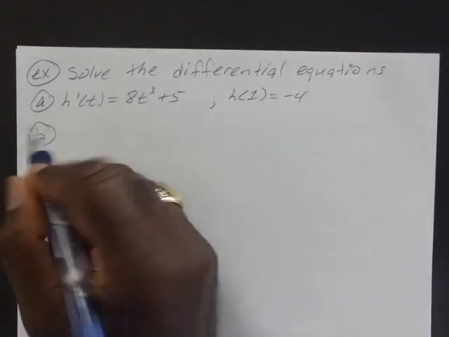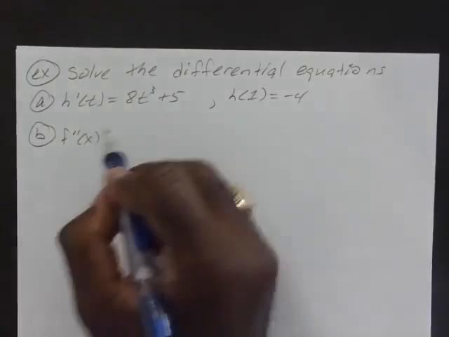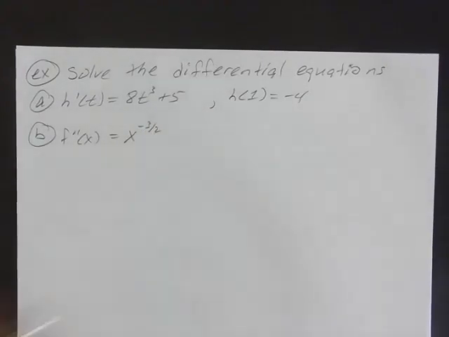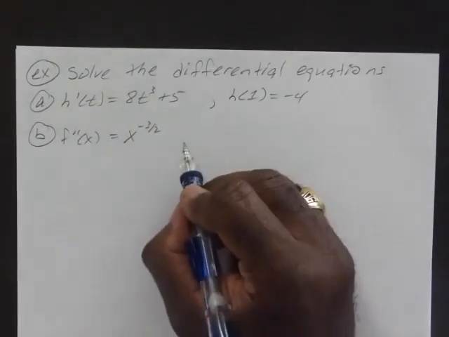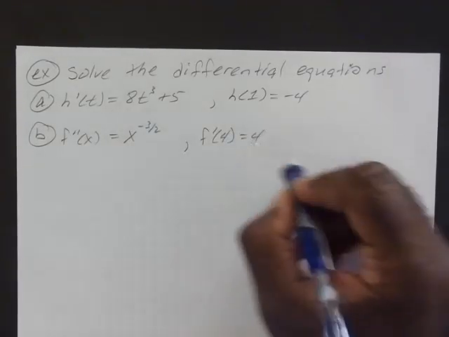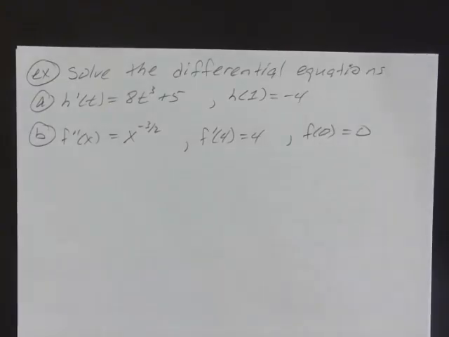And for B, we have the second derivative of f with respect to x is equal to x to the -3/2 power, where we know that f prime of 4 is equal to 2, and f of 0 is equal to 0.